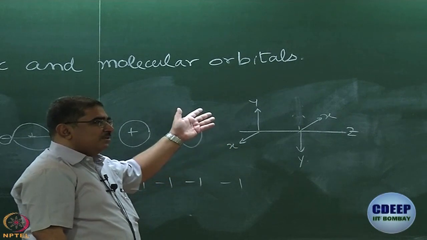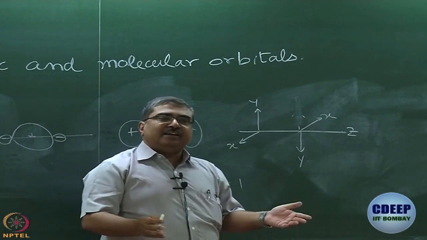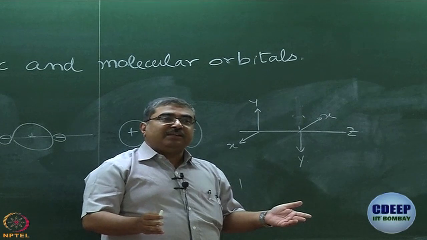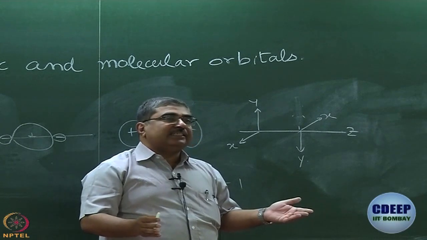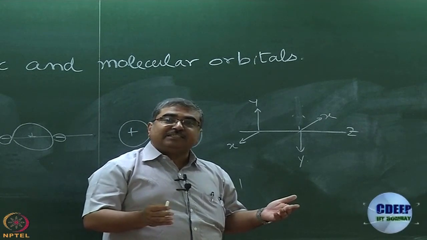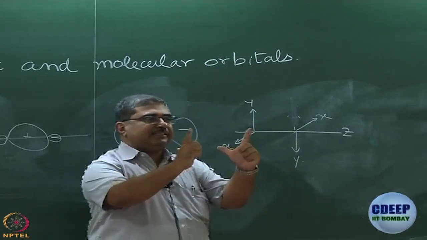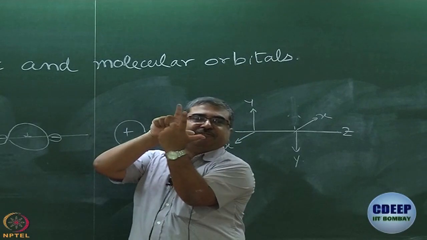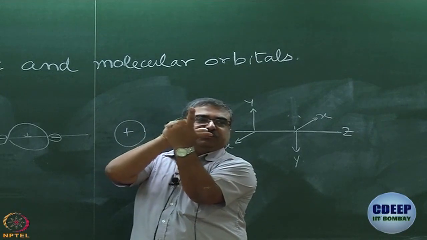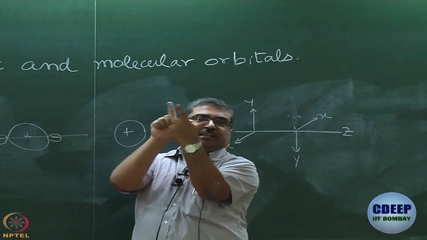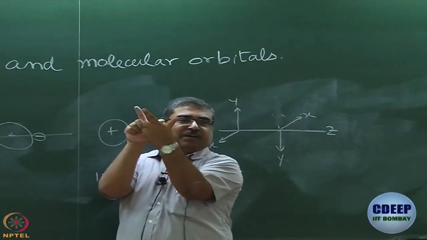Where will they belong? Once again, they cannot be a basis for a one dimensional representation, because the issue is this is x, this is y, right, like this. Where is C infinity? C infinity is towards u. So, if I do a rotation with respect to C infinity, what happens?